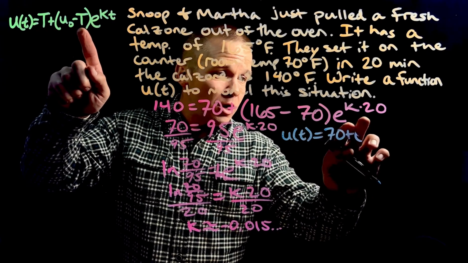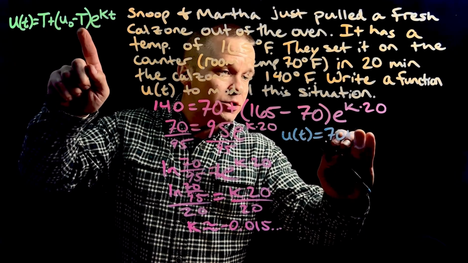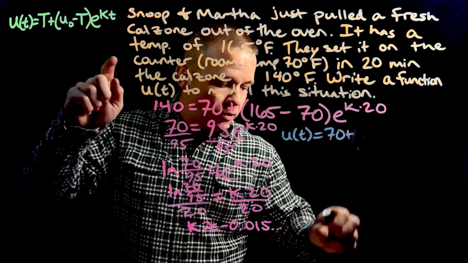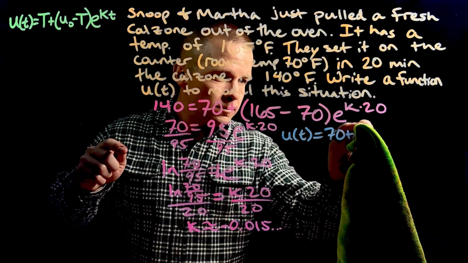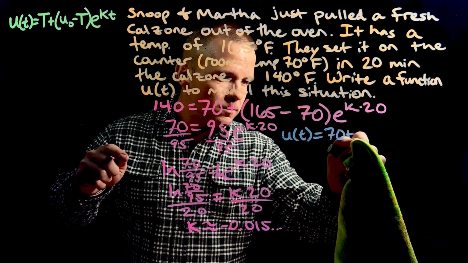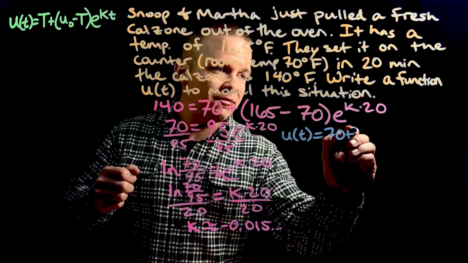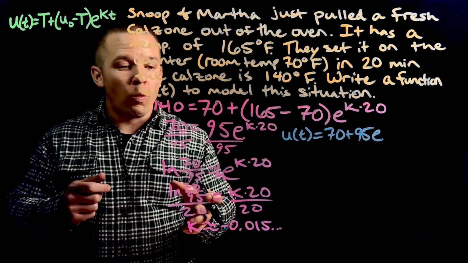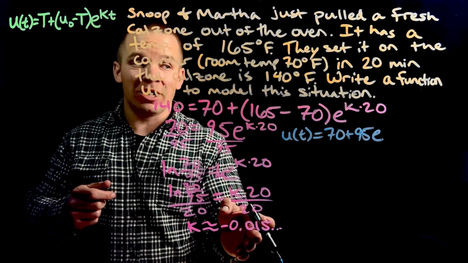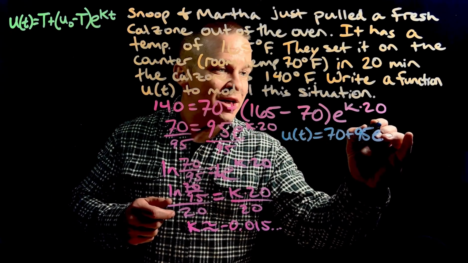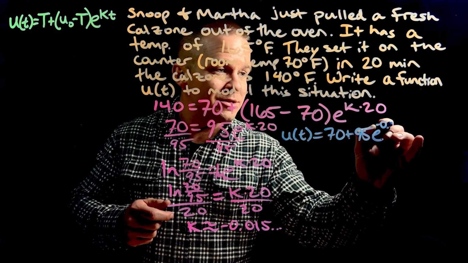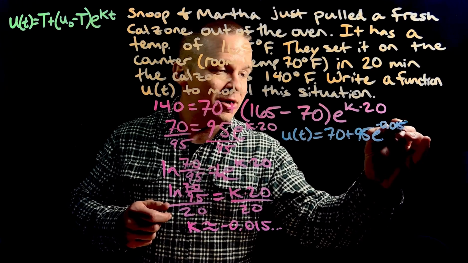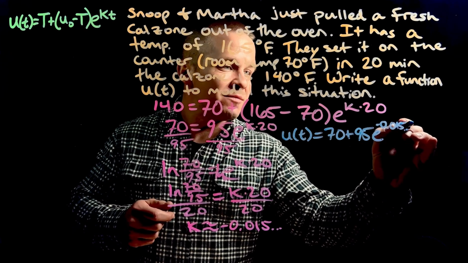So I'm going to erase that and just put our 95. So 95 E raised to the, well, what's my K right here? It's this ugly mess right here. So negative 0.015 and change times T.